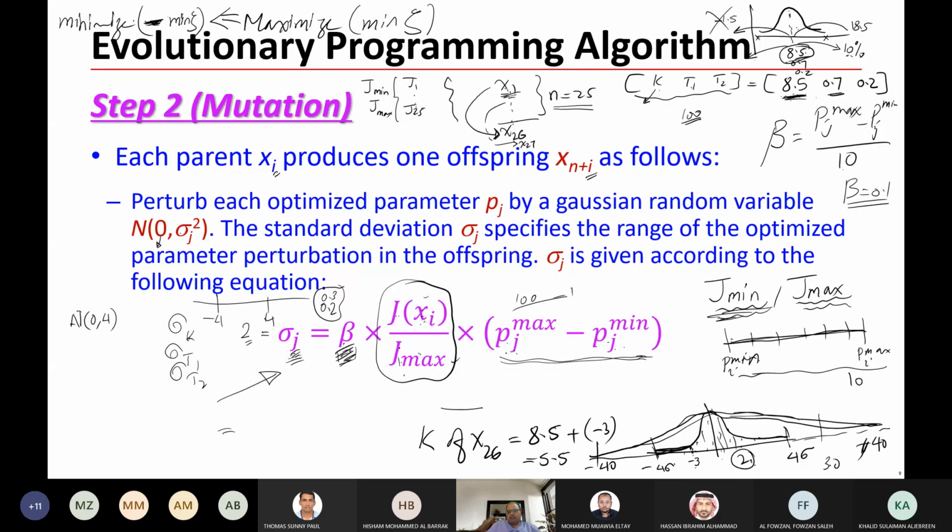But this is not the case if this is maximization, because if this is a maximization problem, the one with the maximum value is the best solution. Am I right? Yes, so the logic behind this formula will change.